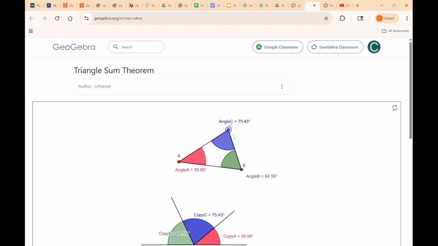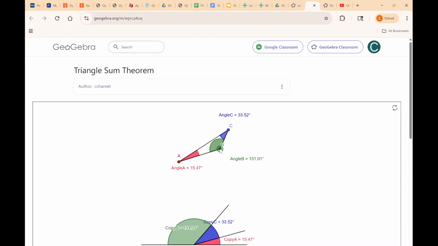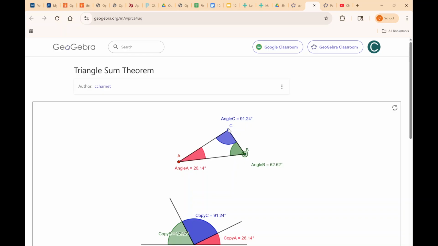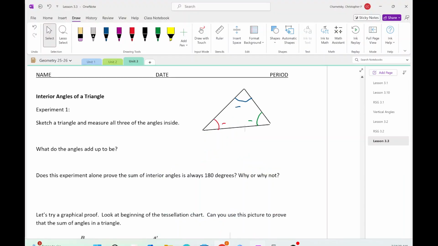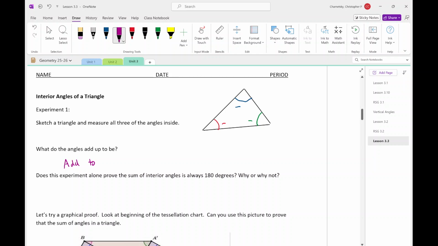So by experimentation, we're verifying that this rule works, but we haven't quite proven it yet. The angles add to 180 degrees.